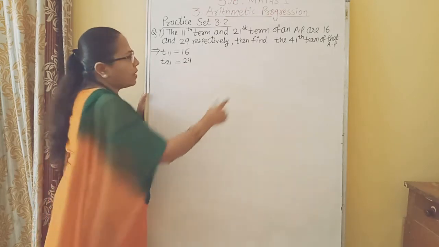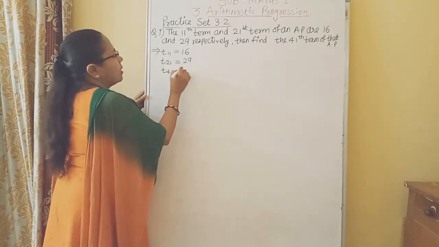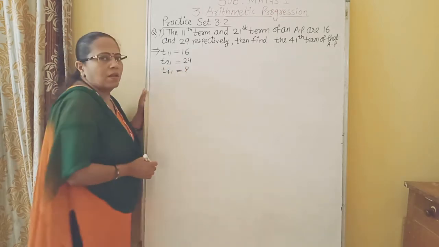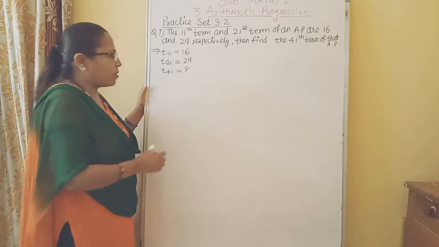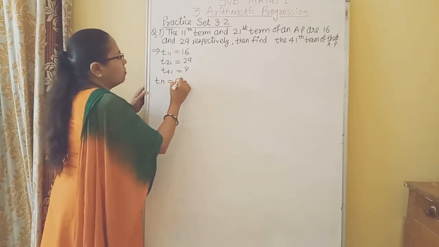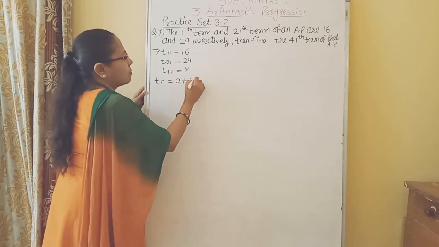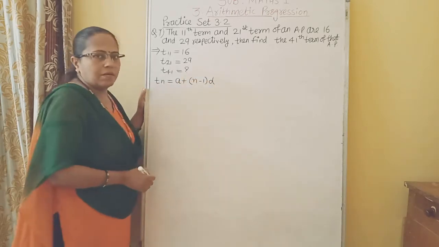And what we have to find? The 41st term, T41. So again we will use the nth term formula: Tn is equal to A plus (n minus 1) into D.